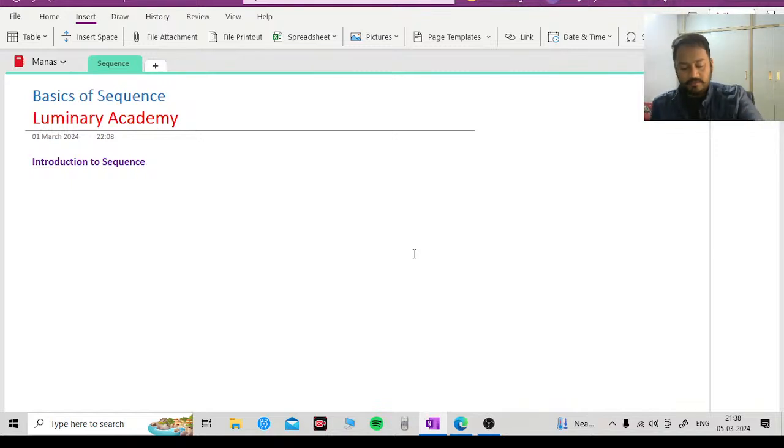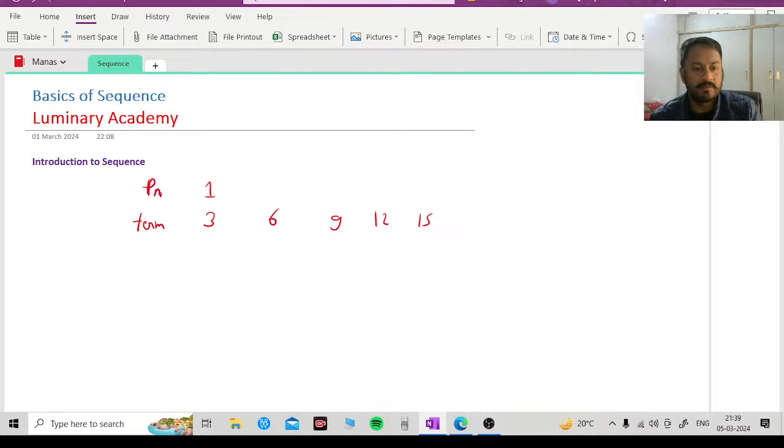Basically what we need to do here is first understand what a sequence is. Let's take an example of a simple sequence: 3, 6, 9, 12, 15. These are called terms, and these are called position numbers, Pn.